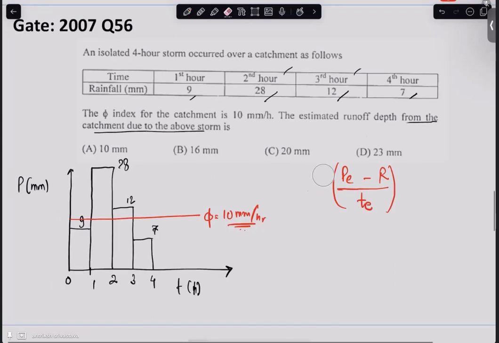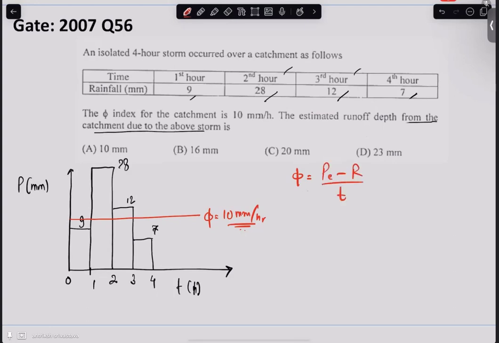So in this question, we are already given the value of phi, so we'll just write all these values of the parameters. We have 10 mm per hour for phi. Now PE: we have to write the total precipitation for the hours where the intensity of the precipitation was greater than 10.